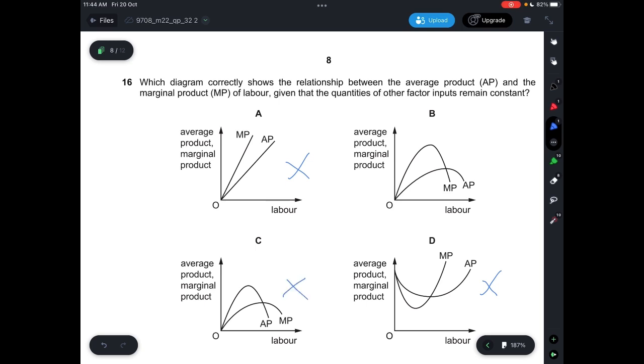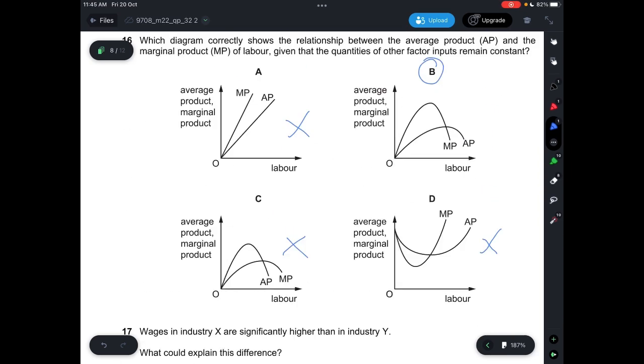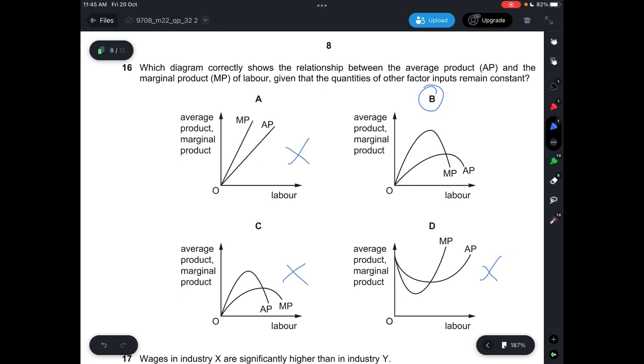Your AP would be less steep than your MP. Your MP will always be the much steeper one in this case. So the answer is B. You also have to remember that AP is basically dividing the total product by labor, whereas MP is calculating the additional product produced by an additional unit of labor.